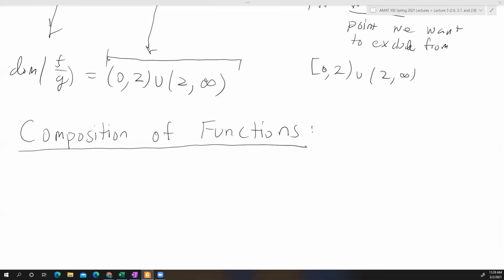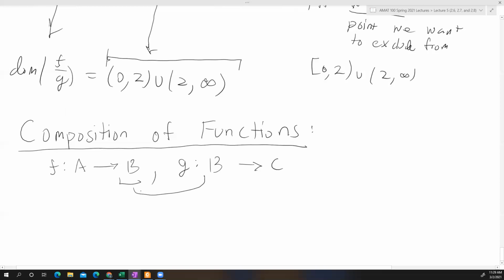So the idea is, I think I might have brought this diagram up before, you have two functions. f goes from A to B, and g goes from, say, B to C. So notice that these match up.